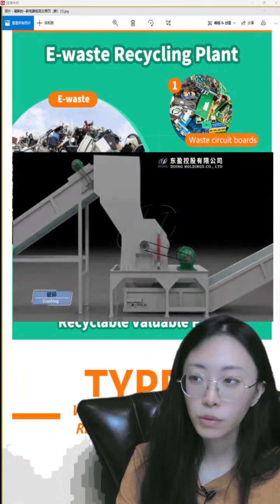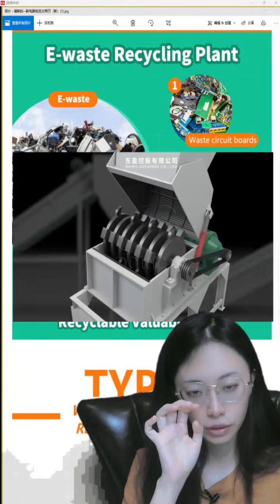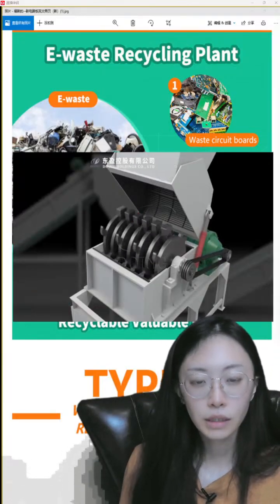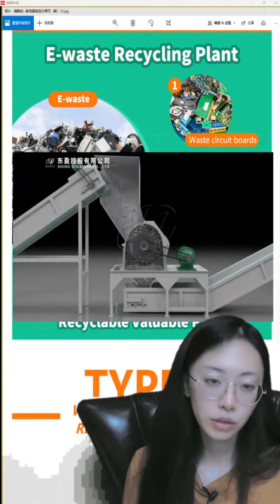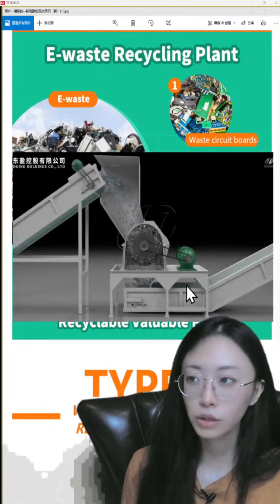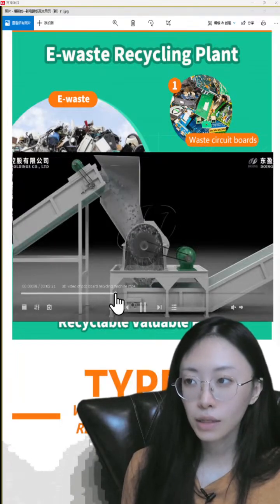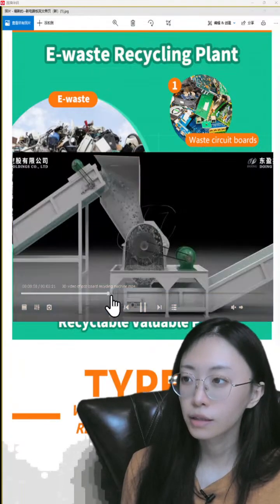And then we will use this crusher to crush the materials. This is the third hammer crusher, and it will get the particles smaller than 1 centimeter, and then they will go into the second crusher, the hammer blade crusher.